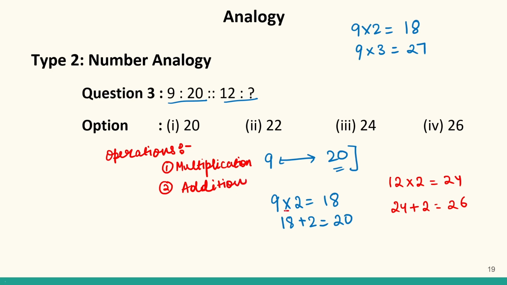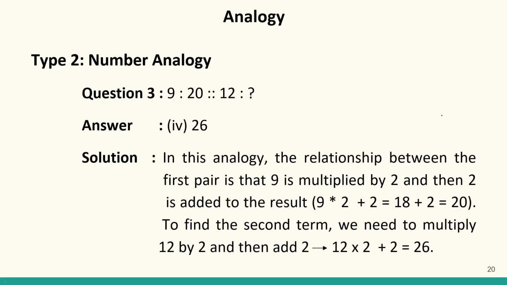So the first operation is that we are multiplying it by 2 and the second operation is that we are adding 2. So if we do the same thing for 12, our answer will be option number 4, that is 26. So the correct answer to this question is option number 4, 26.